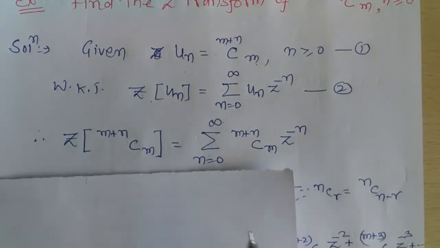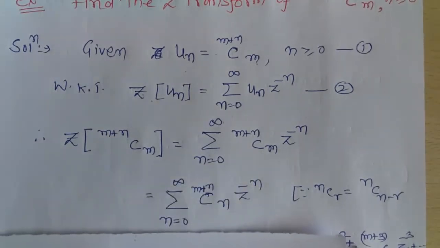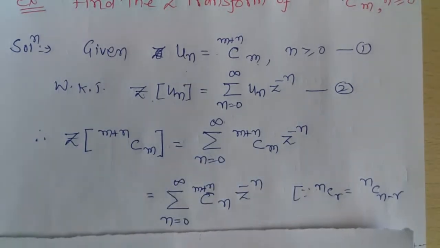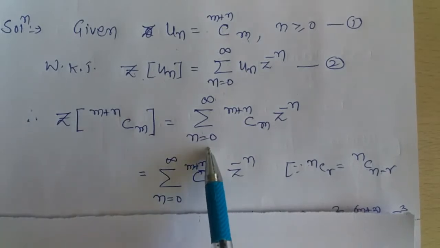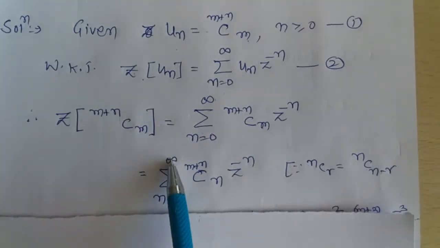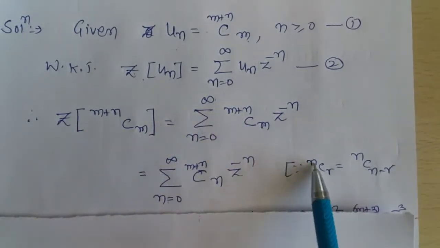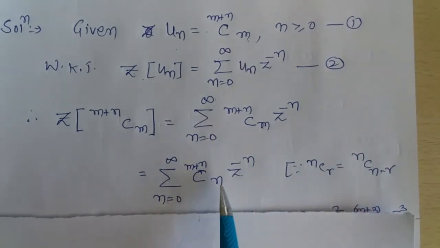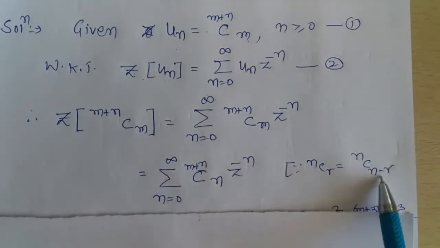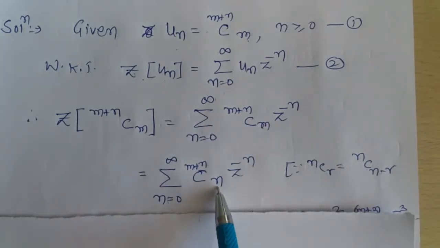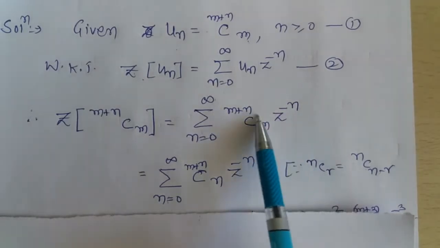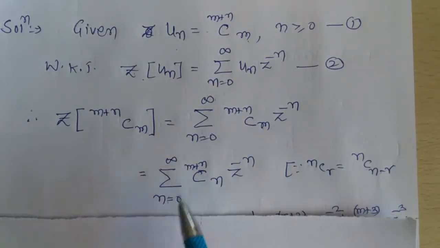So using the property of the combination formula that nCr is equal to nC(n minus r), we get the summation n goes from 0 to infinity m plus n as it is, C, here we have n minus r, so m plus n minus m, we get n here. So we have (m+n)Cn into z power minus n.